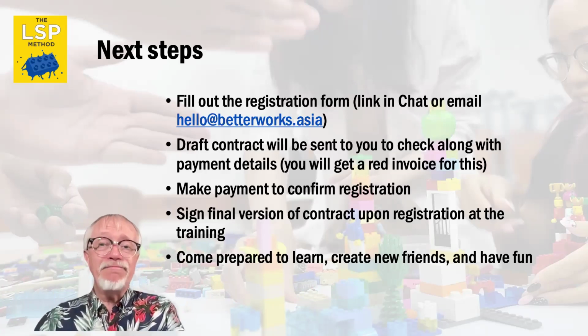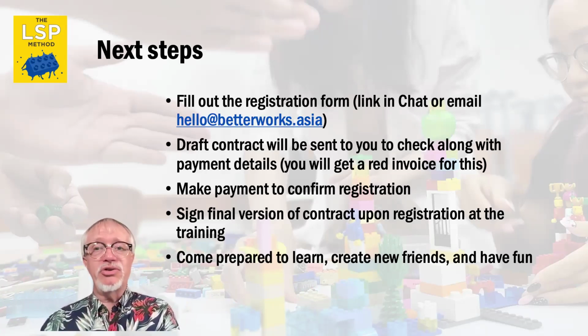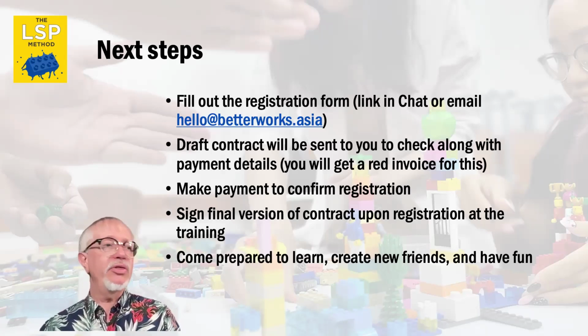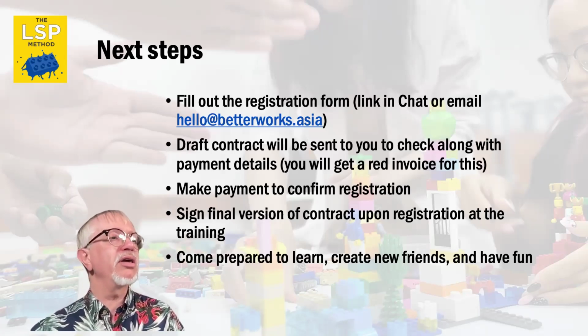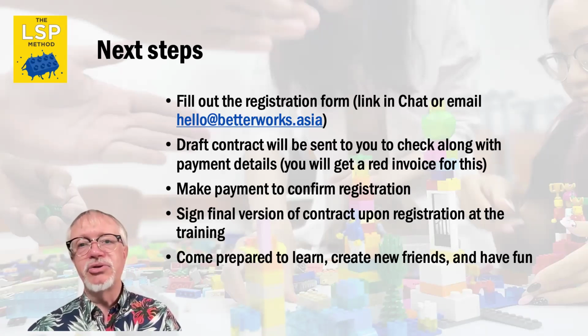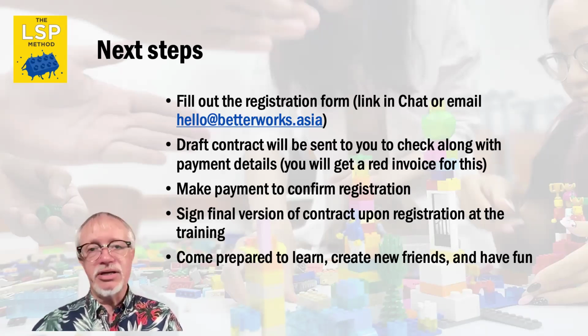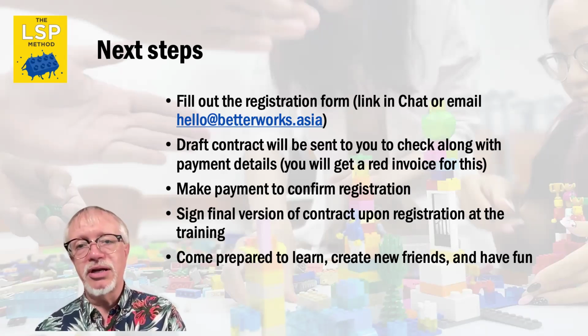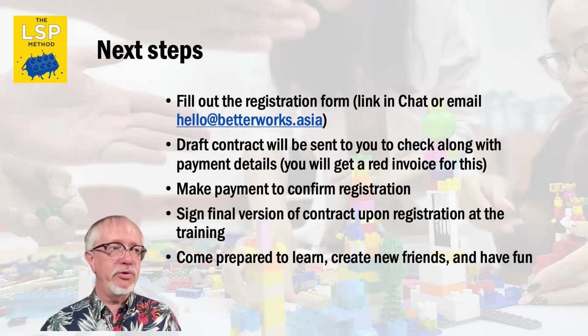So in Vietnam, we have a registration form, and it's really a registration of interest form. And we had the link, and maybe if you can drop the link for this into the chat, Tice. That link will take you to a form where you can register.